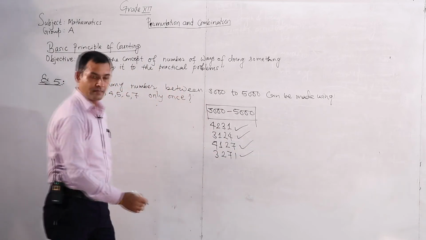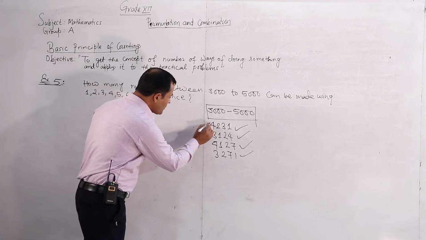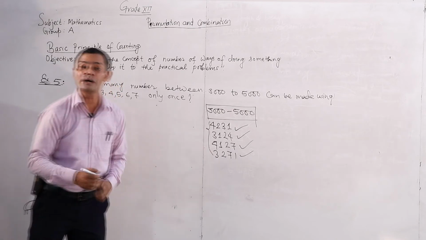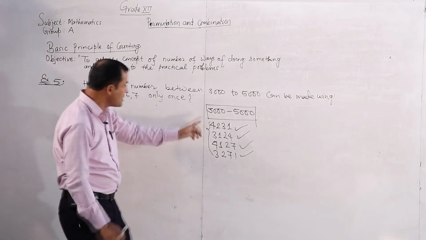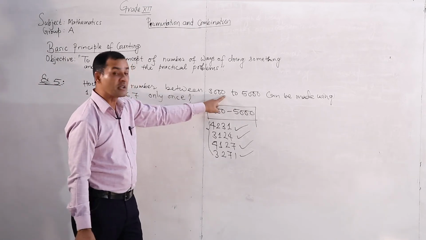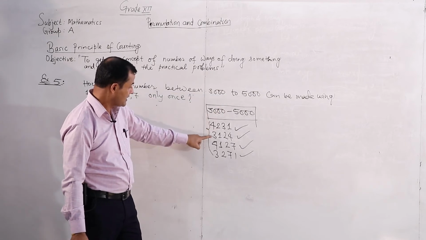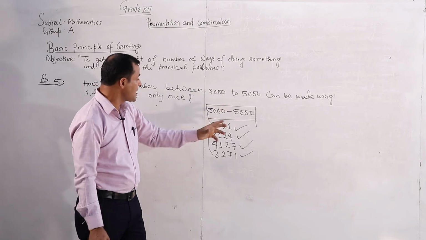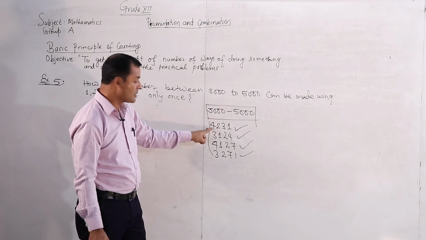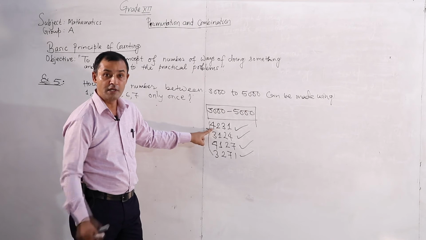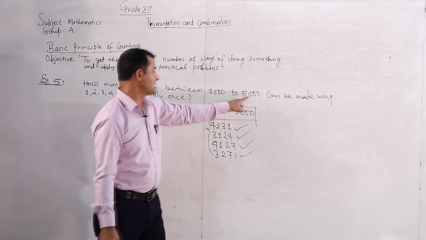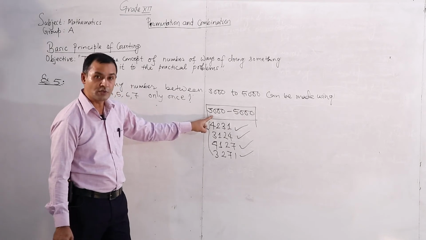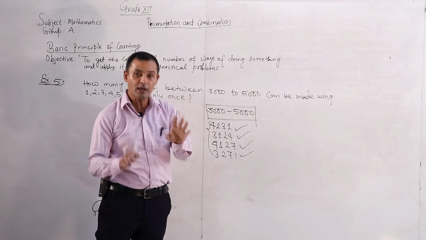What we see is that we always get 4 or 3 in the thousands place. Why? Because we need a number greater than 3000 and less than 5000. So we cannot put 5 in the thousands place, because that is out of the demand of the question. So we can put only 3 or 4 in the thousands place.